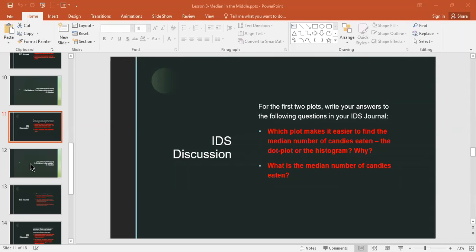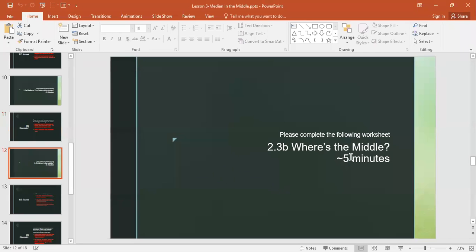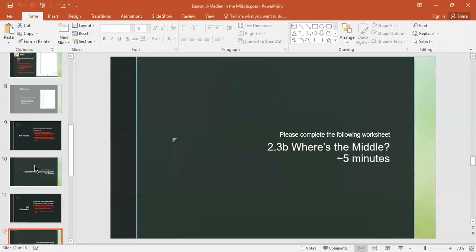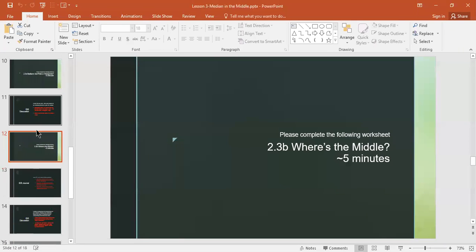Well done. Okay, so now that we got that out of the way, I want you guys to do the 2.3b, where's the middle? But before you start 2.3b really quickly, I want to do a quick review on the skewing of data.